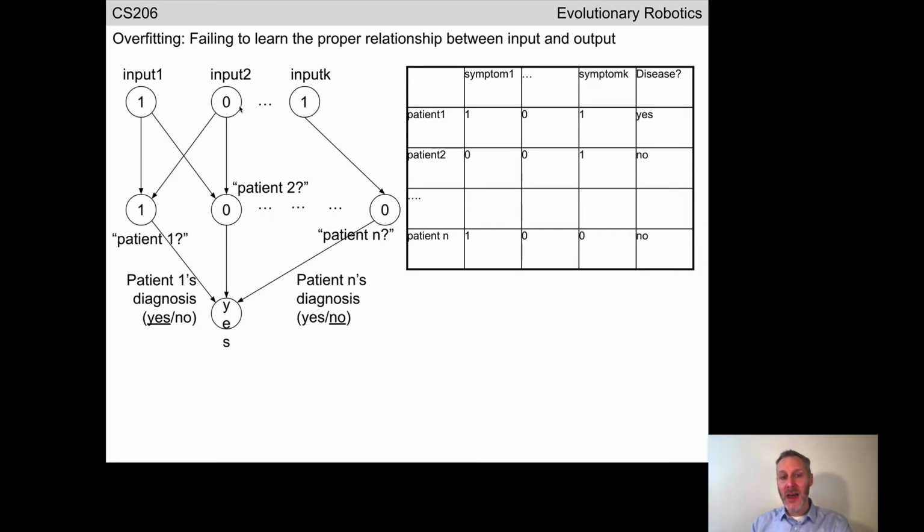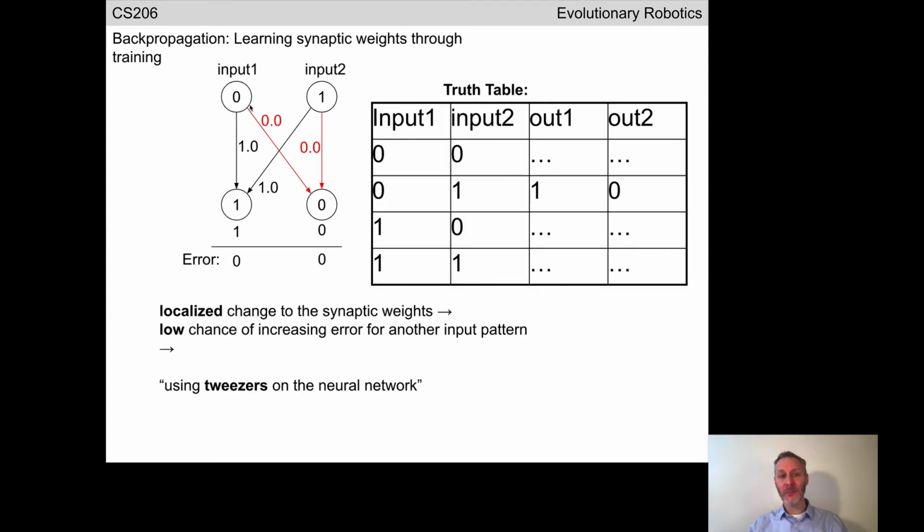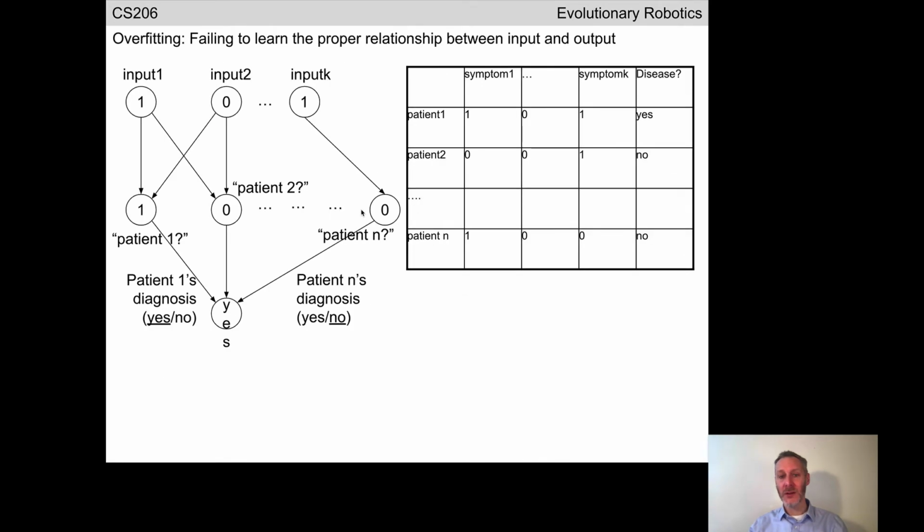Let's imagine that this neural network has n hidden neurons, 1 to n. Imagine that we applied backpropagation in the way that I just described, so that backpropagation is determining what all the weights in this network are.